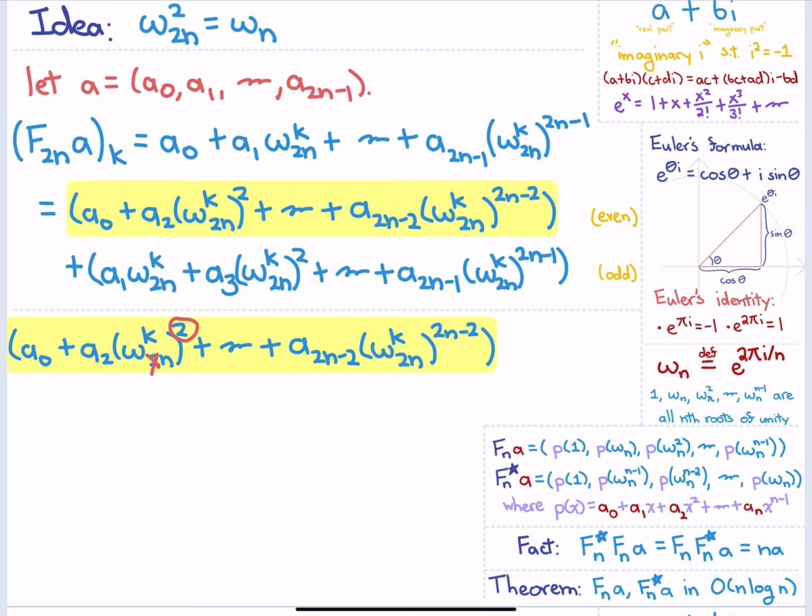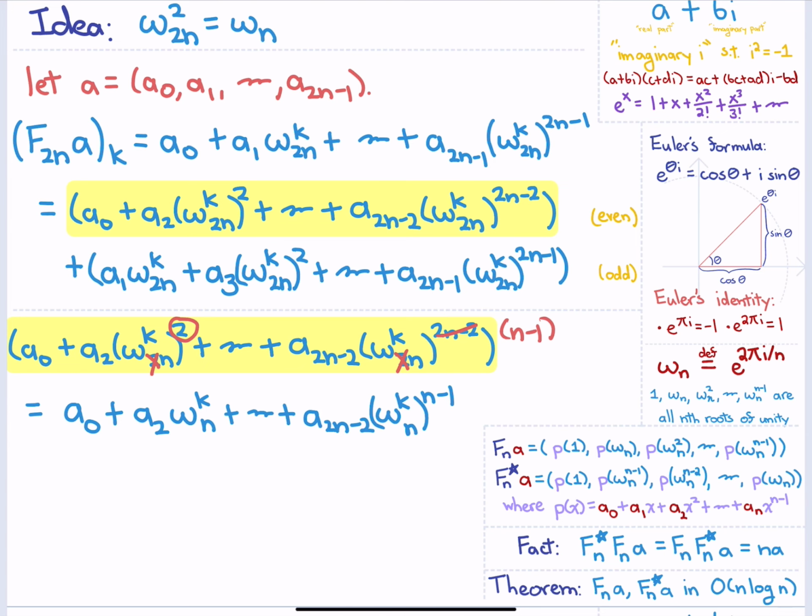First we swap: k times 2 becomes 2 times k. I put the 2 on the inside, and I have omega squared sub 2n, and that's omega sub n. Same here, this would become 2, this would become n minus 1, and I can get rid of the 2 down there. So I can do this squaring idea.